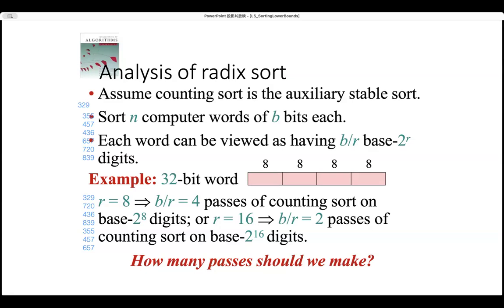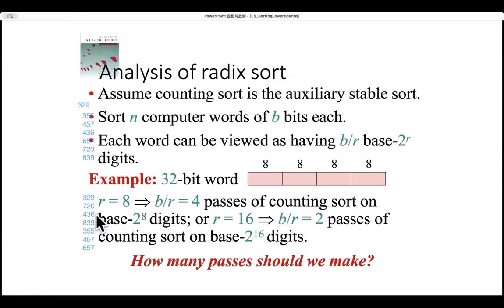So all of this considered, we use counting sort as the auxiliary stable sort for radix sort.